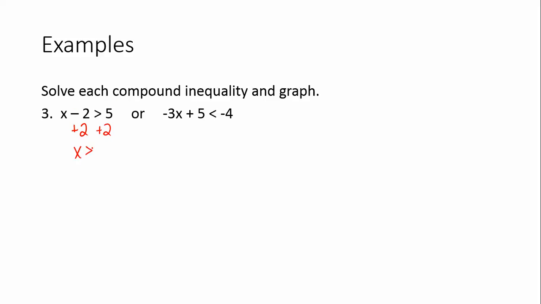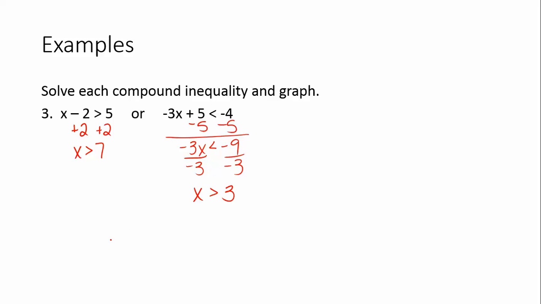We get x is greater than 7, or here we have subtract 5. We get -3x is less than -9. Divide both sides by -3. That's going to flip the inequality. So we get x is greater than -9 divided by -3 is 3.